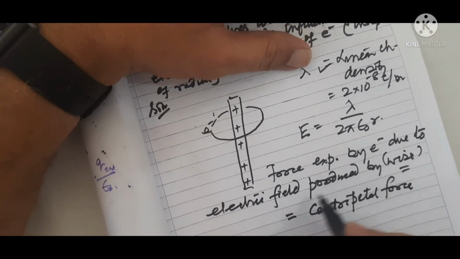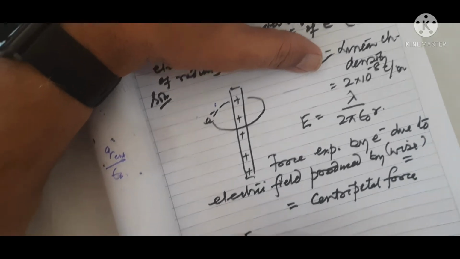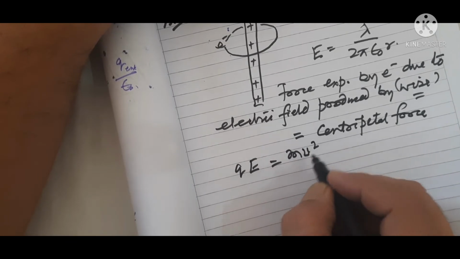So the force experienced by the electron is qE. We know qE is equal to mv squared by r.